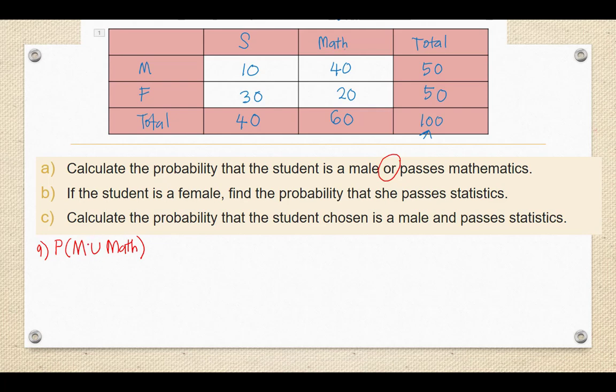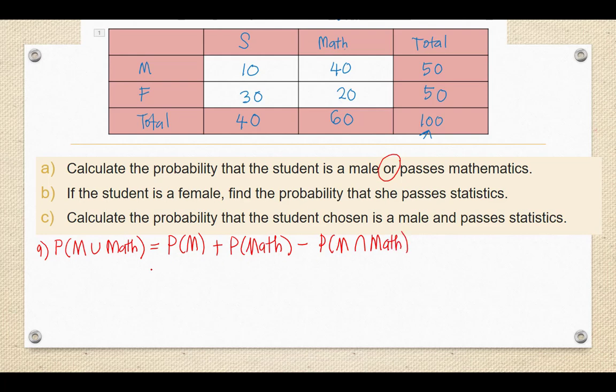We are going to use the formula: probability of M plus probability of math minus probability of male intersect with math.